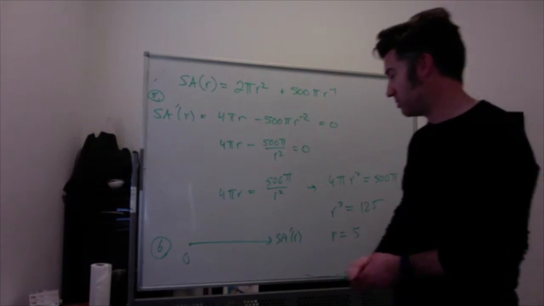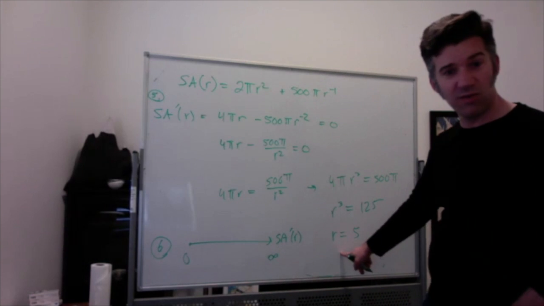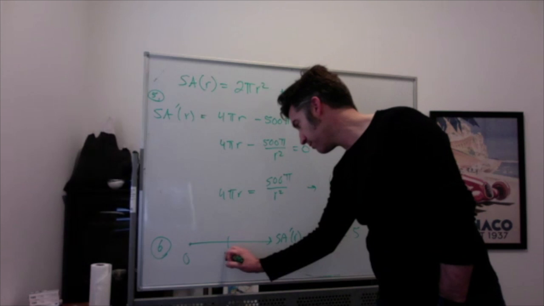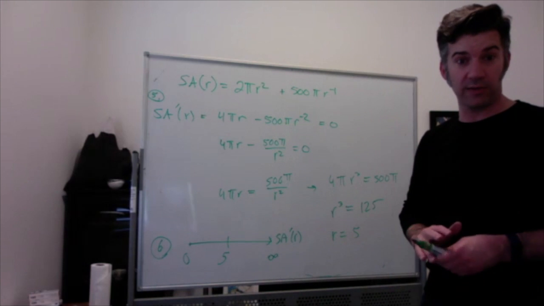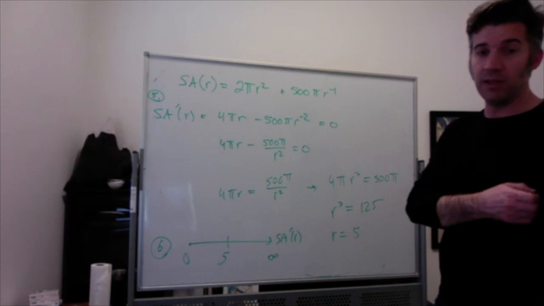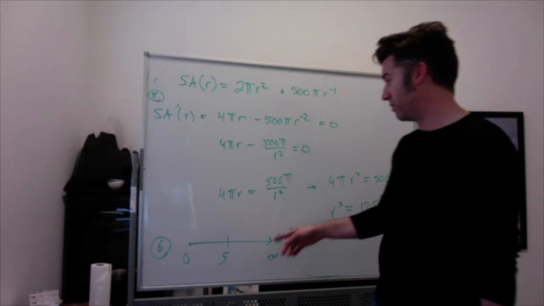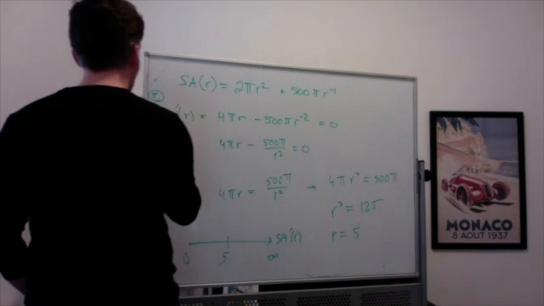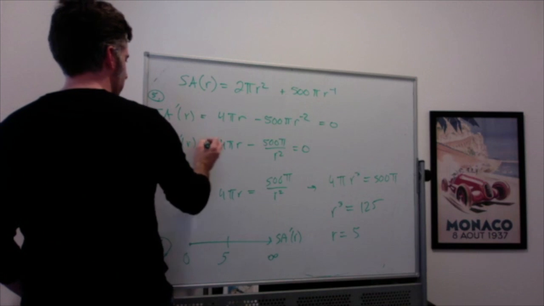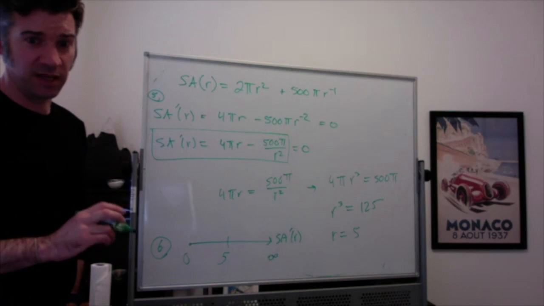So our radius is between 0 and infinity, and my critical value is 5. Now this is where maybe I should have factored. Not really. But you could make an argument that if you'd factored, figuring out where it's positive and where it's negative would have been easier. Well, fine. I don't care. Here's my derivative, not factored, and I'm just going to figure out if it's positive or negative in each of these intervals.